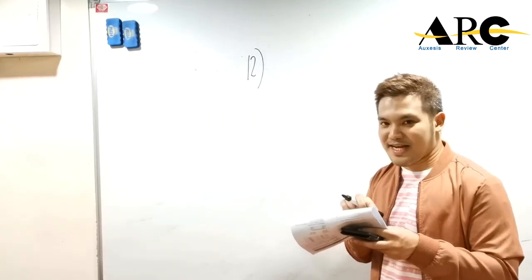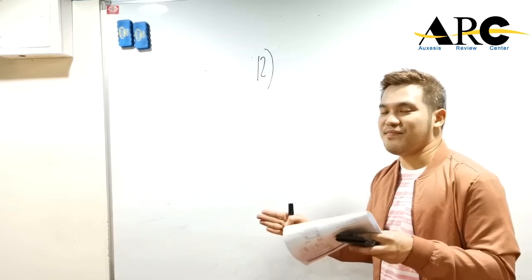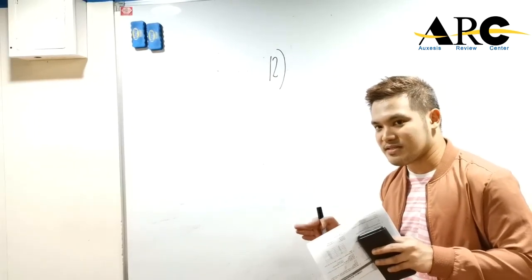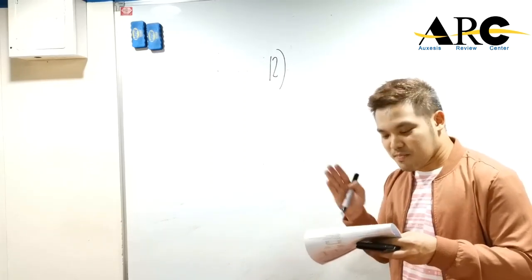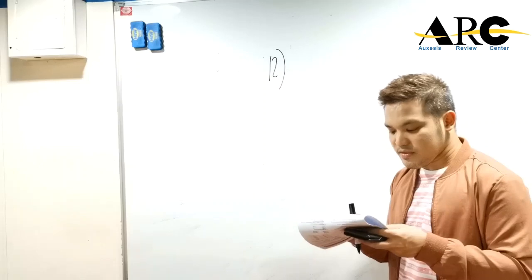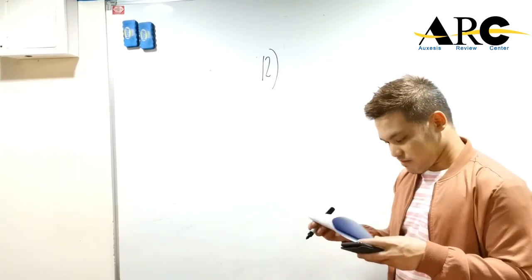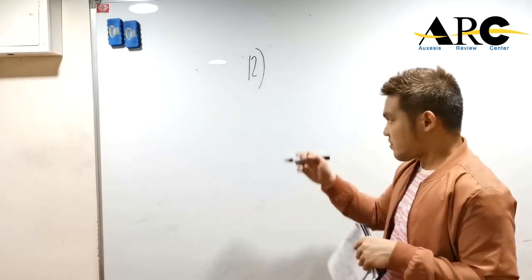Nakikita naman natin dito, habang tumatagal yung time, ano nangyayari kay A? Nako-convert into products. Kita natin dito na yung concentration ni A bumababa. Assuming the reaction to be first order, ano daw ang best value ng K?